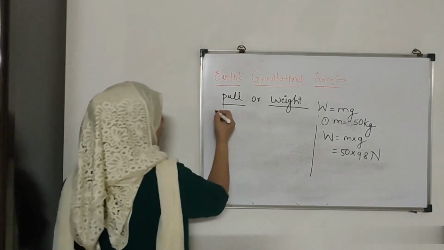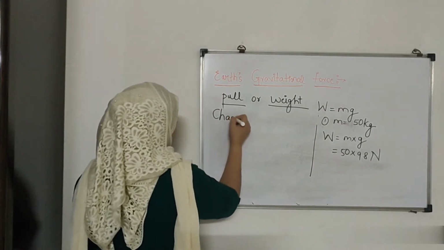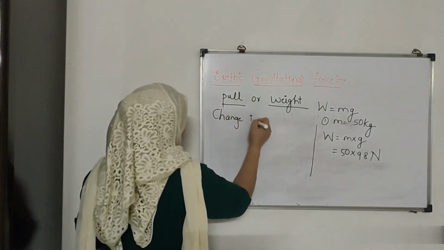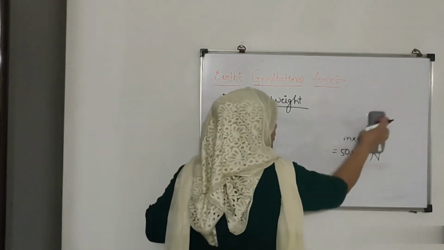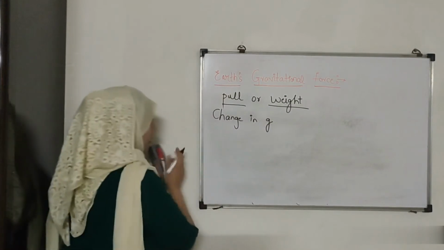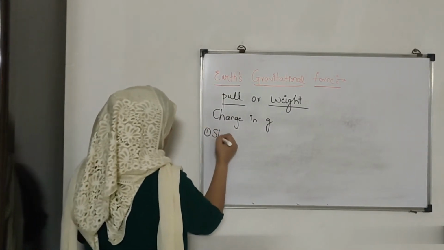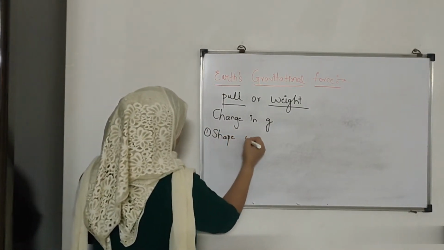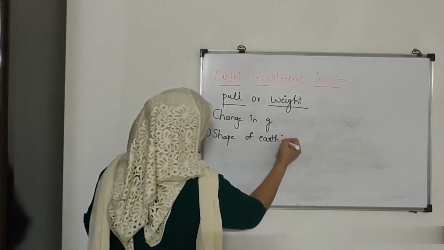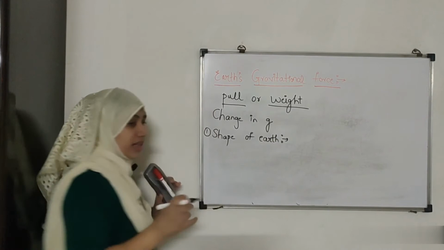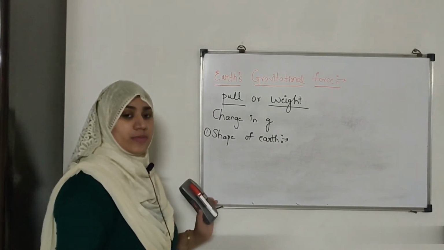Now we are going to see change in g. The first factor I am considering is the shape of the Earth. What is the shape of the Earth? It is not perfectly spherical.